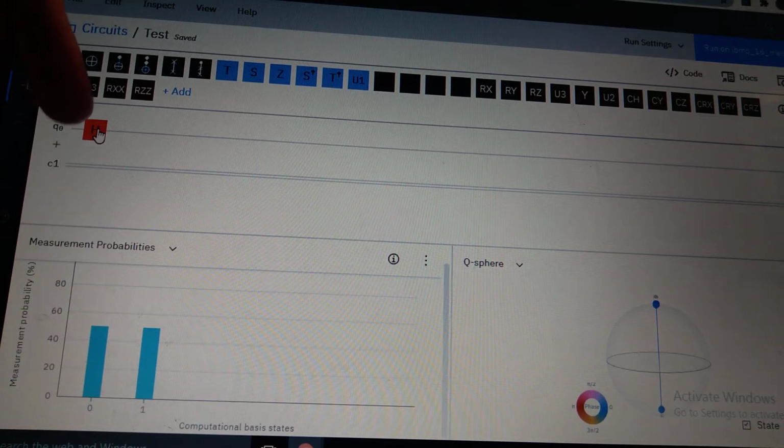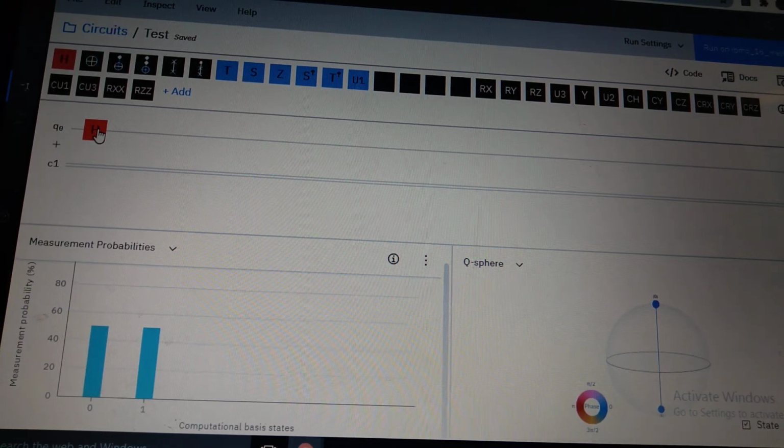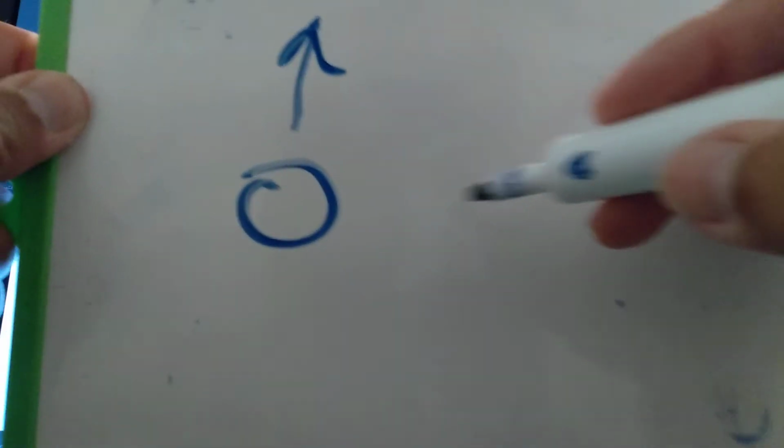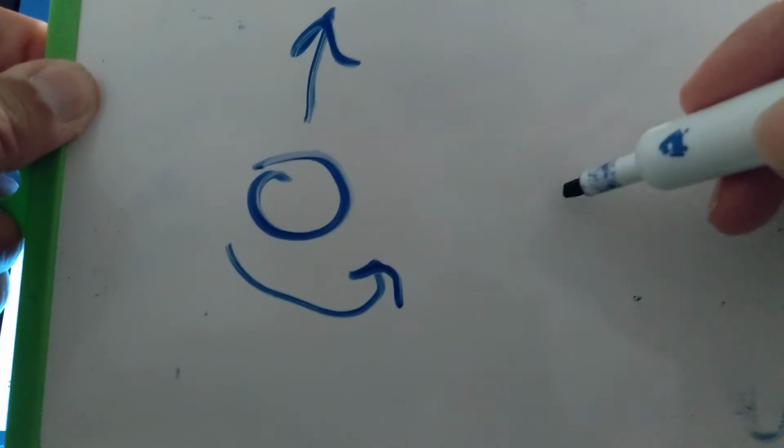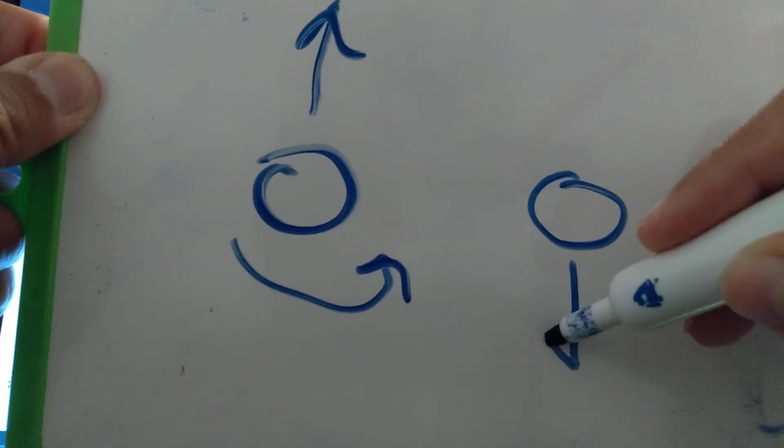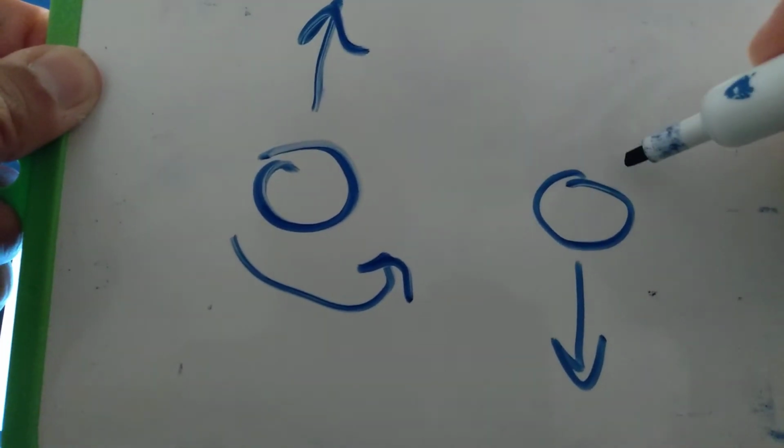So you can imagine that when you put the Hadamard gate, what you're doing to the electron is, in a weird way, splitting it into two parts. You can imagine one electron going up, spinning in one direction, and another electron spinning in the opposite direction.